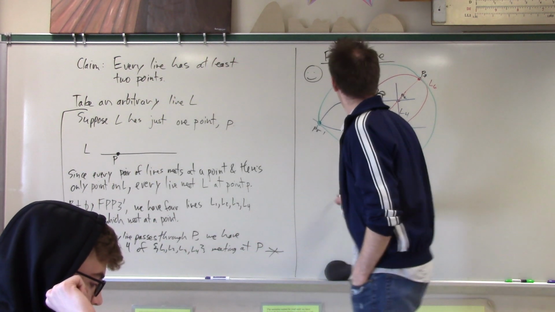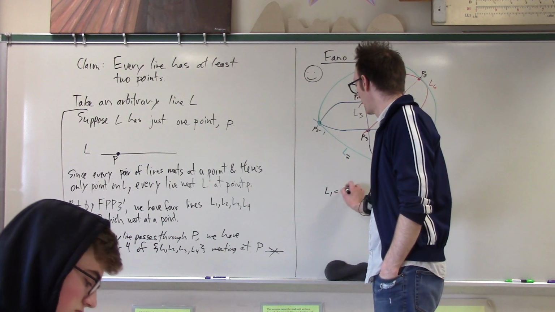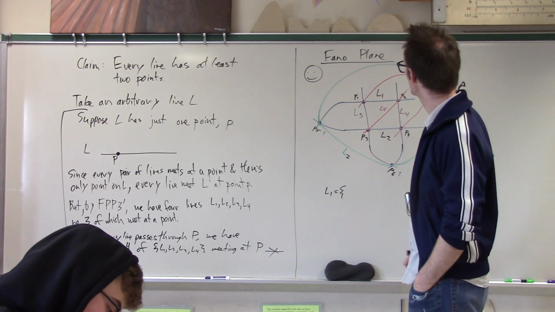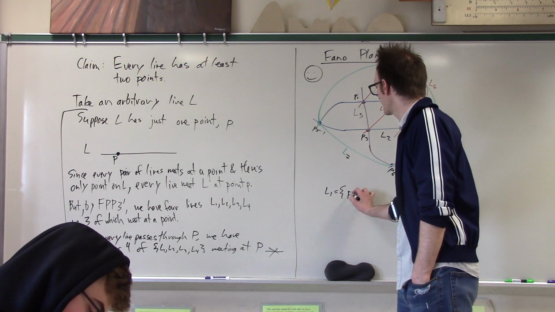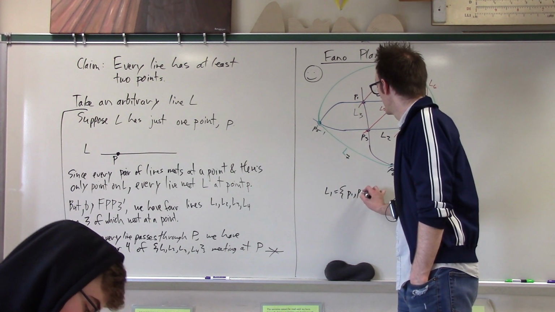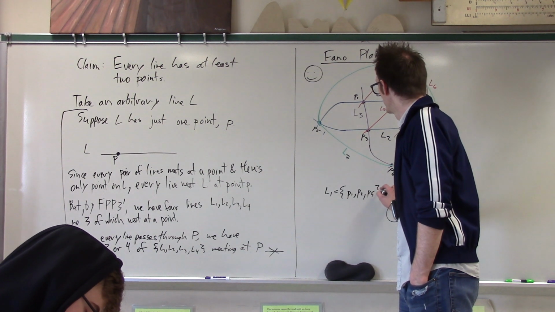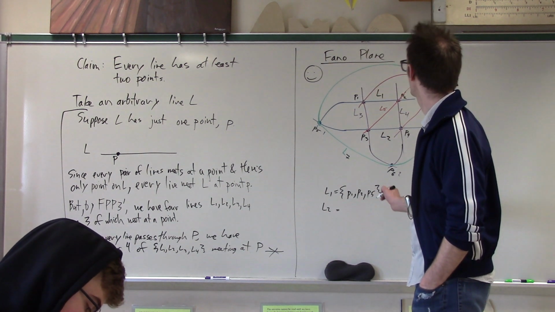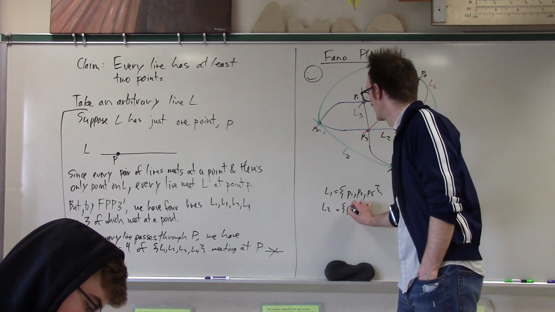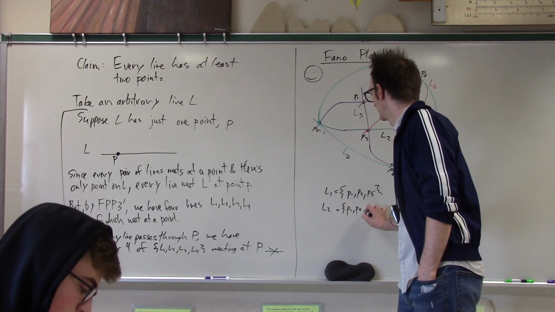What's really going on is that there's a line L1, which consists of a finite set of points. A line is uniquely determined by the points that are on it. What points are on L1? P1, P2, and P5. And what is on L2? P3, P4, P5, etc. Can I not write all these out?